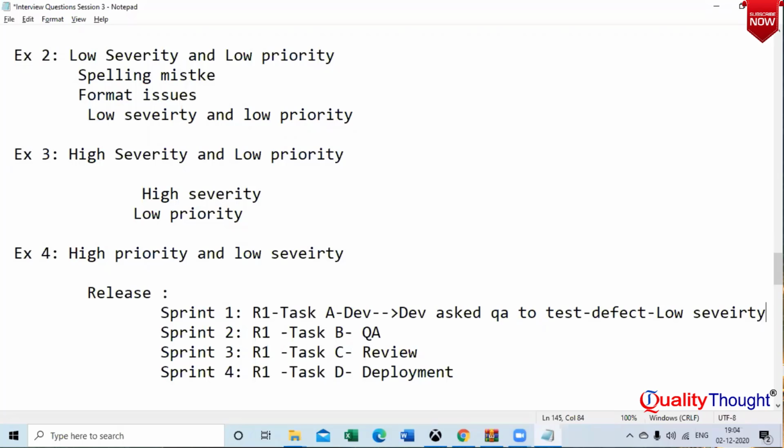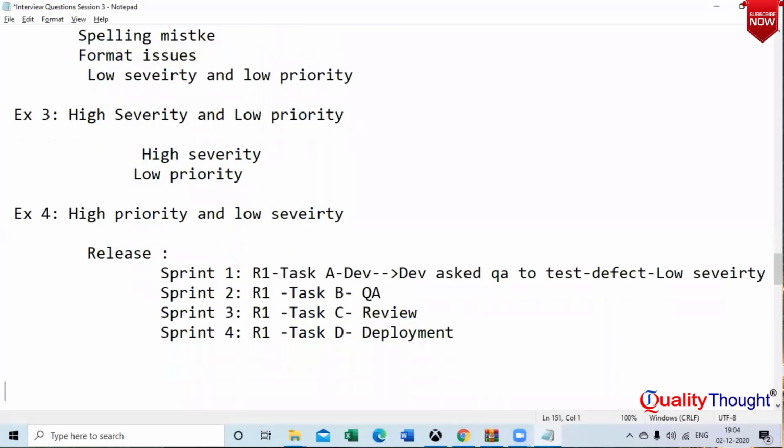Even from the testing team's perspective, you have time to fix it. But what is the task given to development? They have to complete development in sprint 1. So from the developer's perspective, it is a high priority because they have to complete their work first.